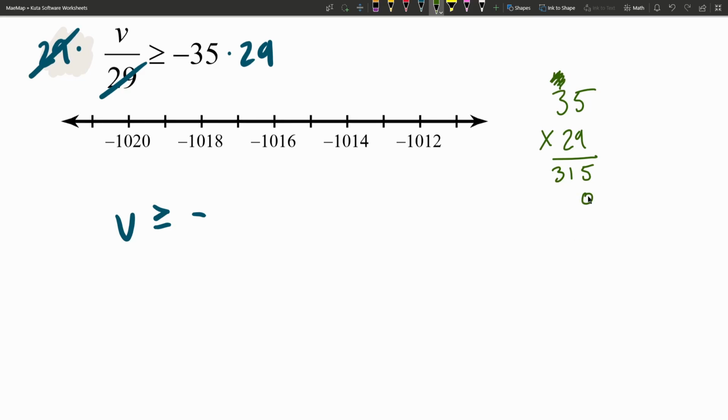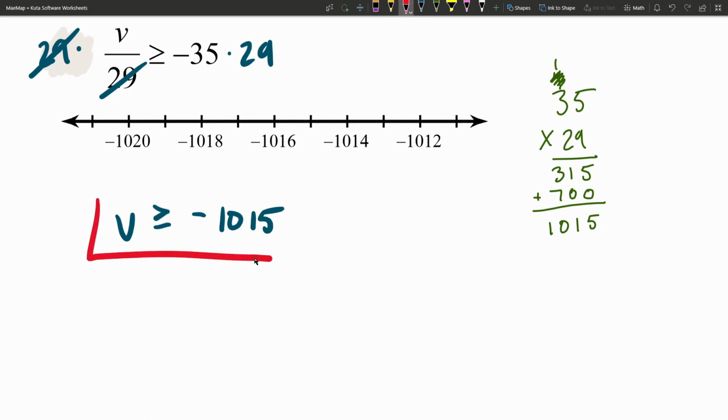Now, we'll put our placeholder 0. 5 times 2 is 10, another 0, carry the 1. 3 times 2 is 6, plus 1 is 7. So we have 315 plus 700, which equals 1,015. So 1,015, but remember, that's a negative 1,015 because a negative times a positive is a negative.